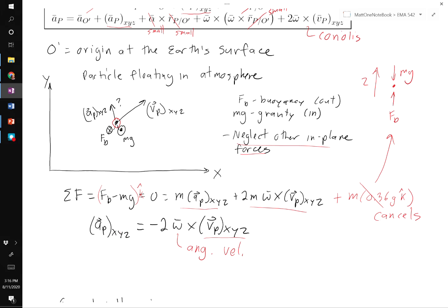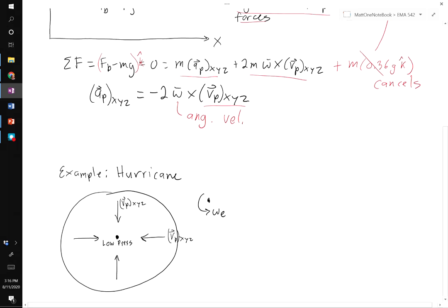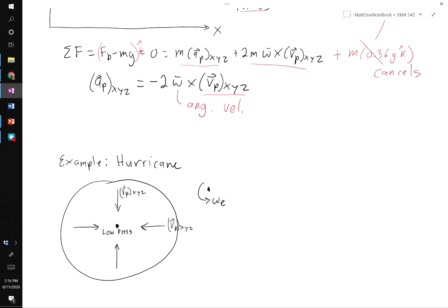So one really interesting application of this are hurricanes. So a hurricane has a low pressure center. So we have hot air rising, which causes lower pressure near the center of the hurricane. And so any air around the hurricane wants to get drawn in, right?